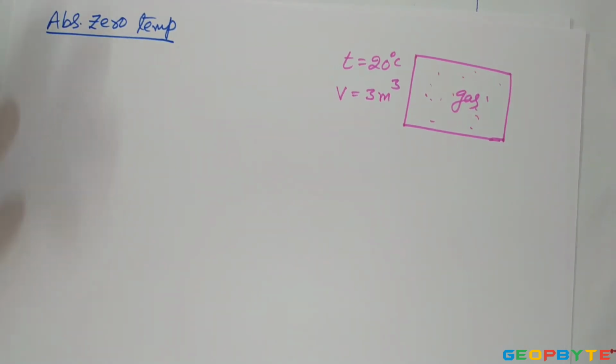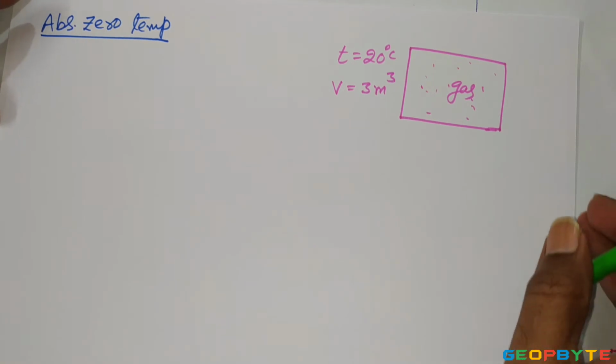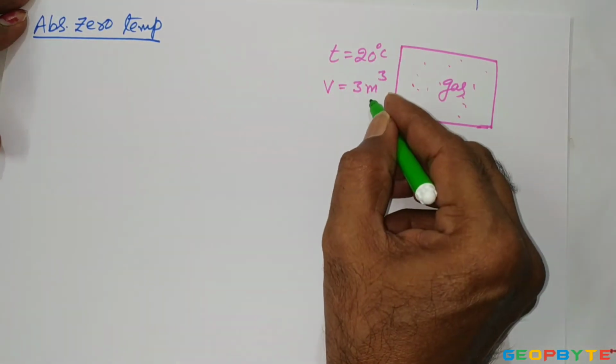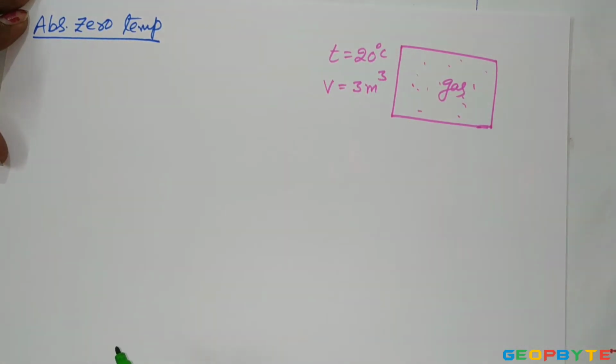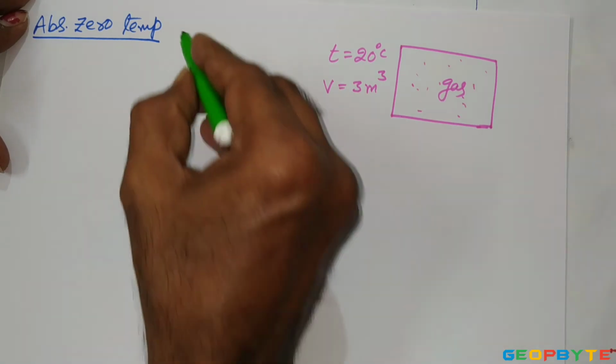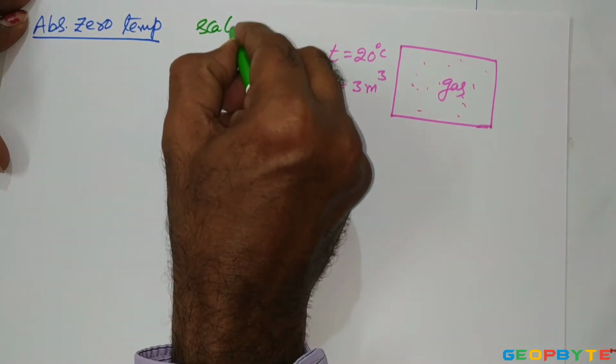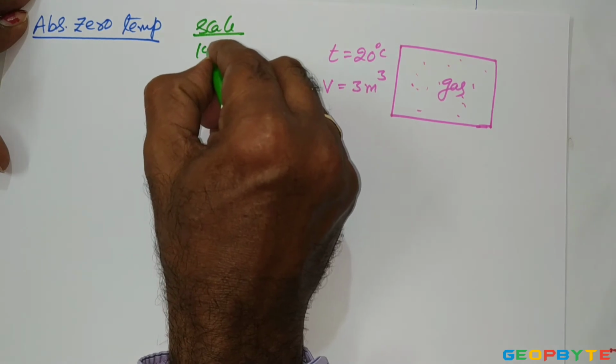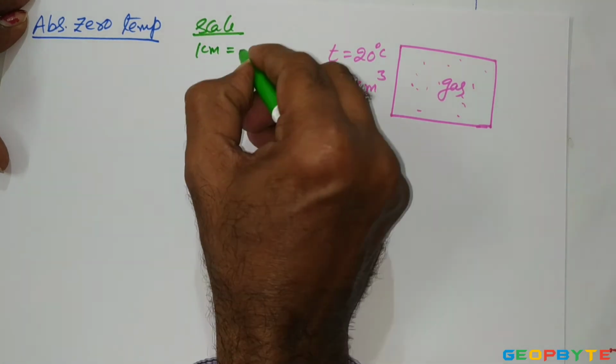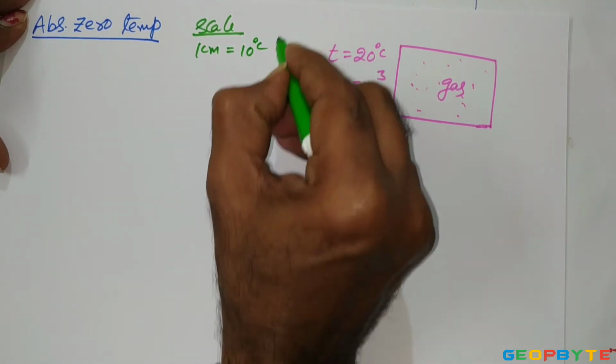To mark the state of the gas with a temperature of 20 degrees centigrade and 3 meter cube, you need to take the scale. Let us take the scale as 1 centimeter equal to 10 degrees centigrade.